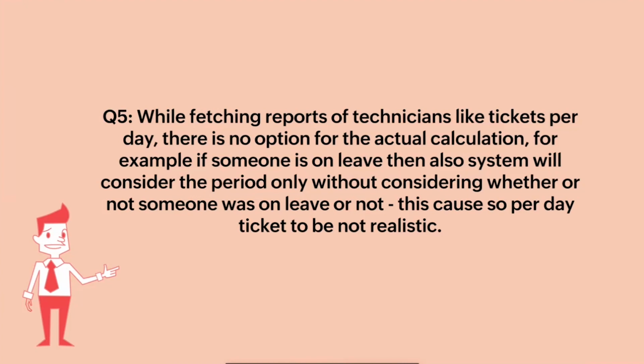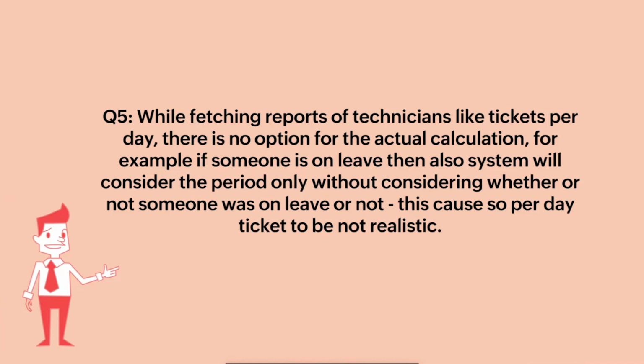This causes this customer's tickets per day metric to not be realistic. If someone is on leave and a ticket gets assigned to the technician, there are high chances the ticket can get violated and the KPIs of the technician or the team itself will not give the right data.